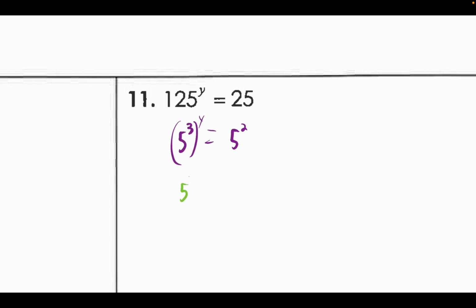And so this becomes 5 to the power of 3y as we multiply 3 and y, and 5 to the power of 2. And we set those exponents equal to each other, and we get 3y equals 2. Divide both sides by 3, and our answer is 2/3, aka 0.6 repeating.